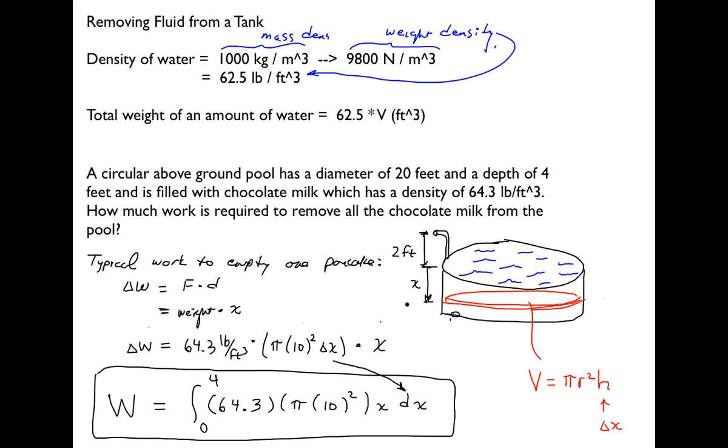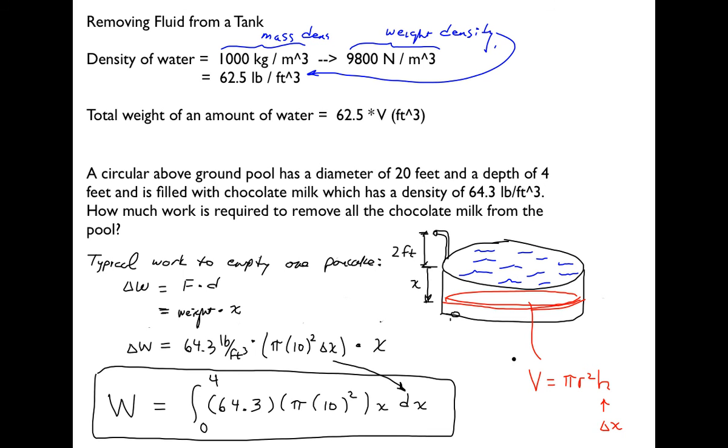So how would it change? Okay, so if we left the frame of reference as it is, then what would change in the integral? The distance now. Every layer now has to go 2 feet further than it did before, and so the integral would change. Instead of x, you'd have x plus 2.